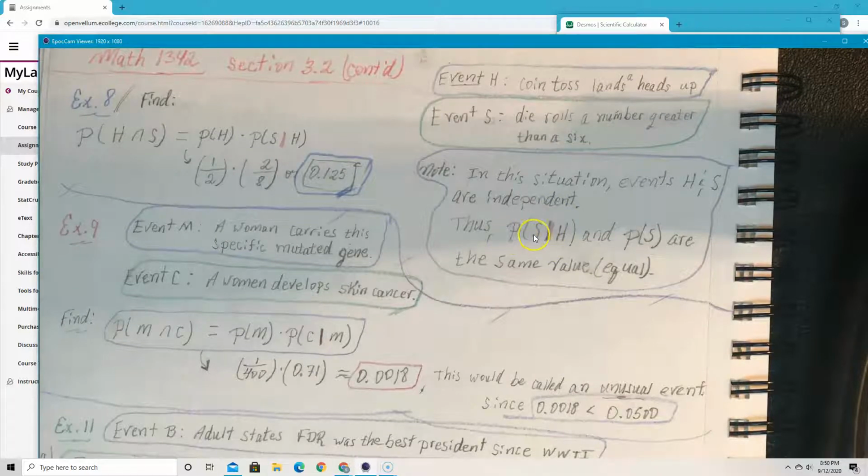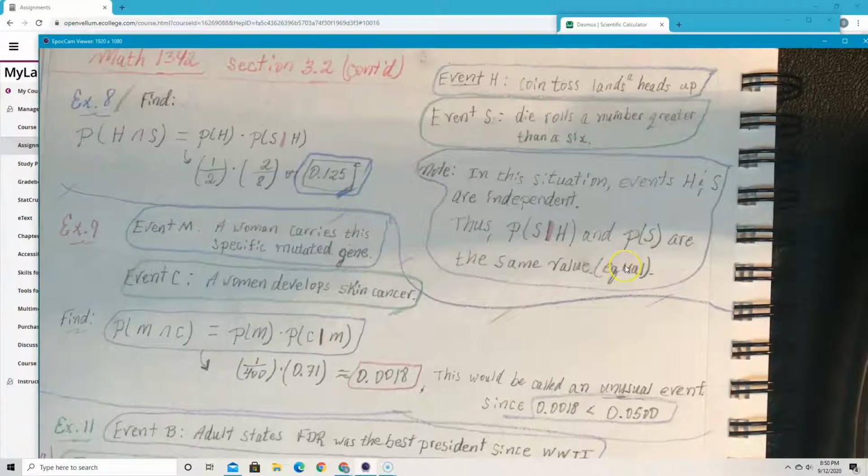So when they are independent, this did not impact this. And therefore, the probability of event S, given event H having occurred, and the probability of just S by itself, the probability of rolling the die and getting greater than a 6, have the same value.